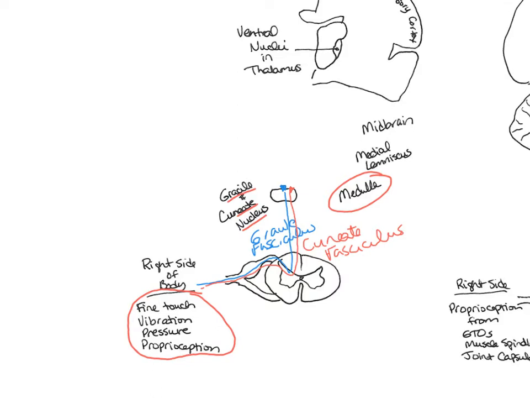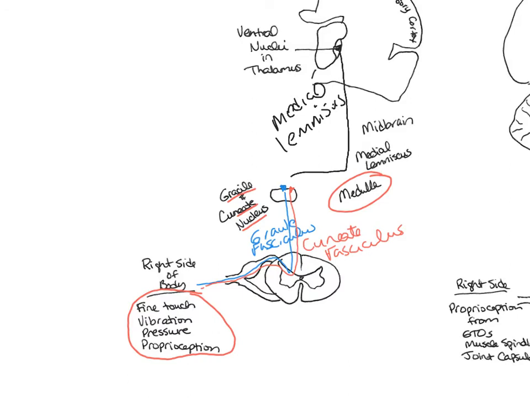And then they're going to cross over to the opposite side of the body, and then they're going to go up to the thalamus. And when they go up to the thalamus, they're going to be carried in the same tract. And we call that tract the medial lemniscus.